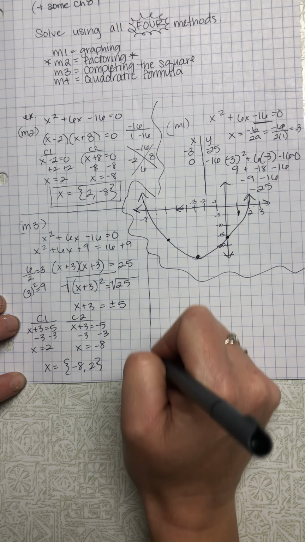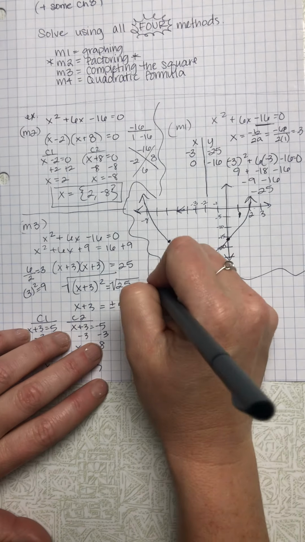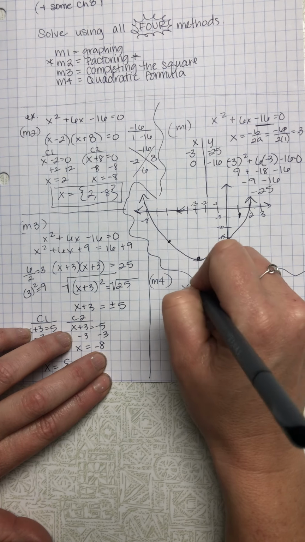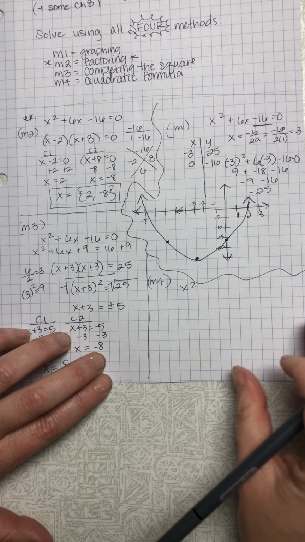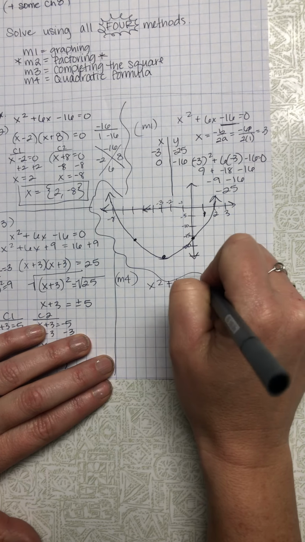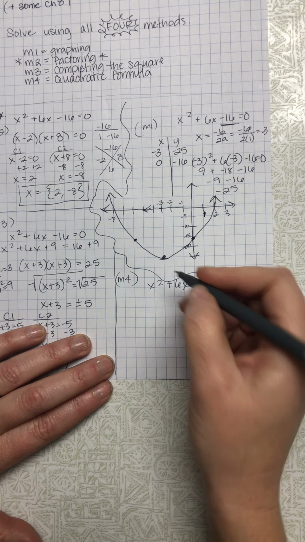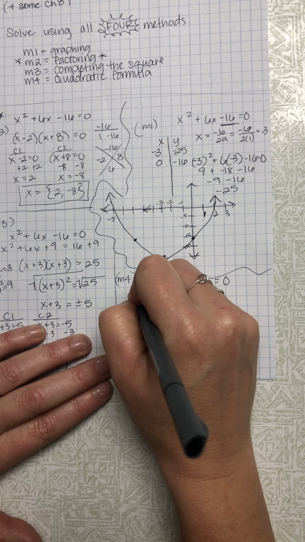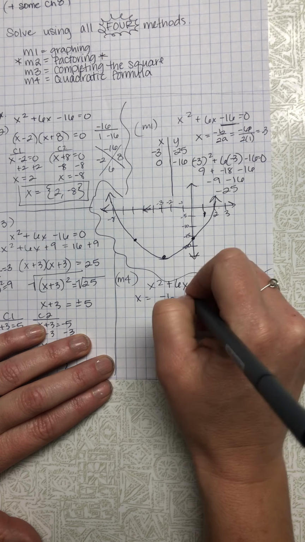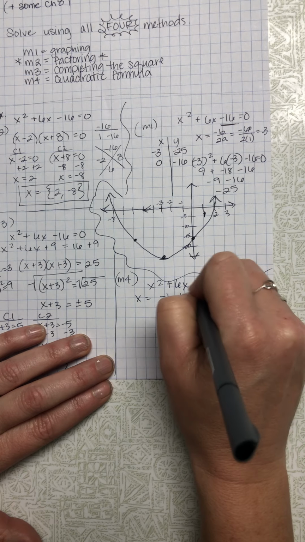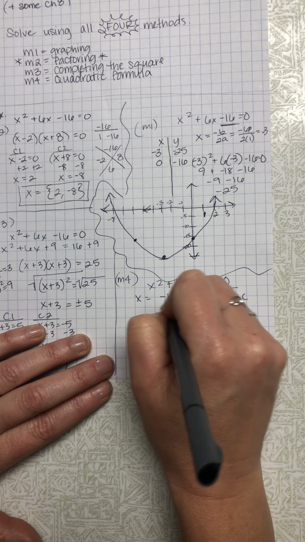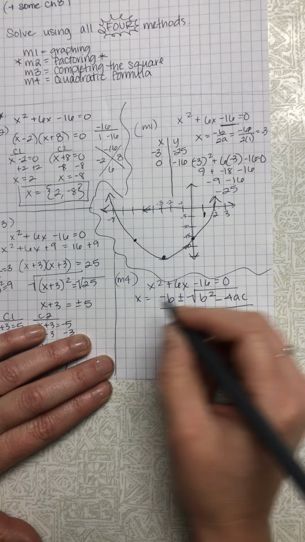Okay. And then lastly, method 4, the quadratic formula. Same problem. x squared plus 6x minus 16 equals 0. Remember that formula: negative b plus or minus the square root of b squared minus 4ac, all over 2a.